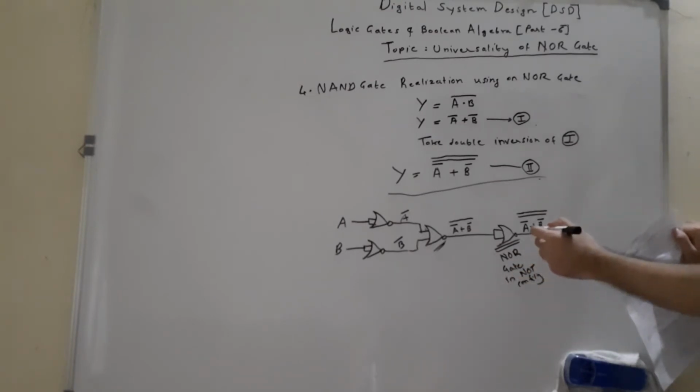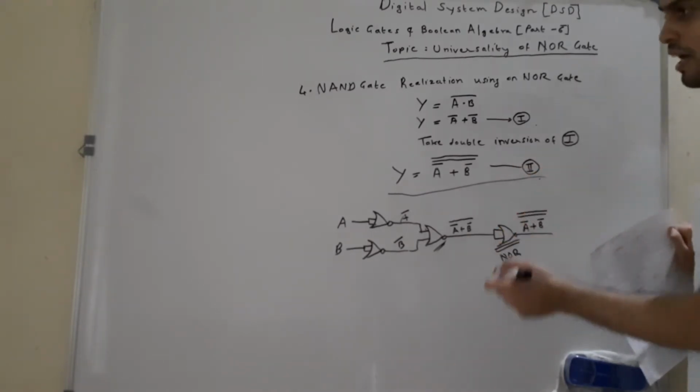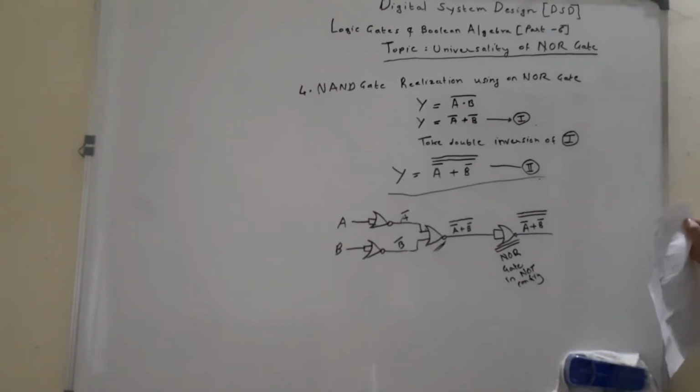So at the final NOR gate we have A complement plus B complement, the whole double complement. So we have realized our particular expression, or in other words we have realized the NAND gate using a NOR gate.